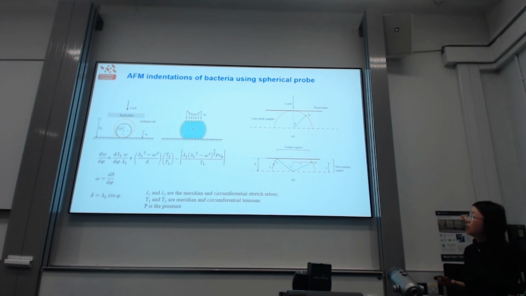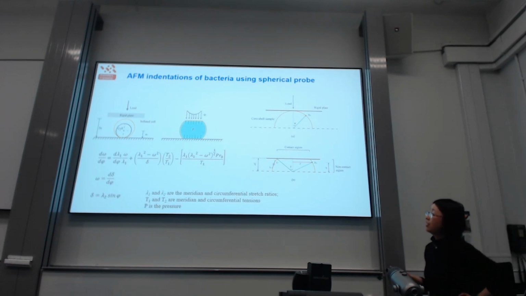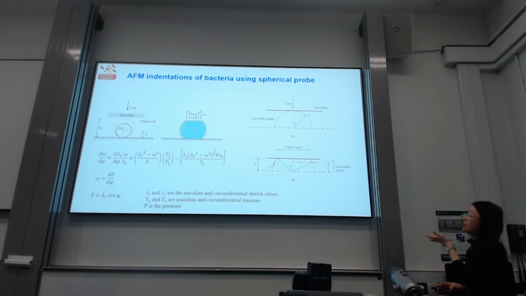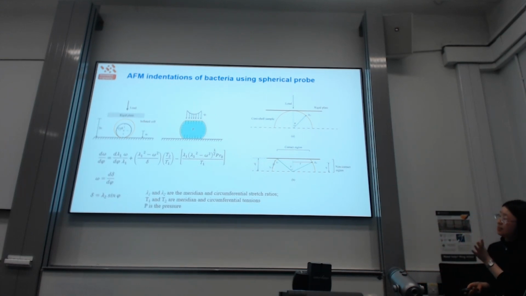In order to use the analytical solutions here, we need to choose a spherical probe that is large enough, in this case 8 or 10 times the bacterial radius. Then we can adopt these analytical equations. Before using them, we also did FE simulations to validate them.